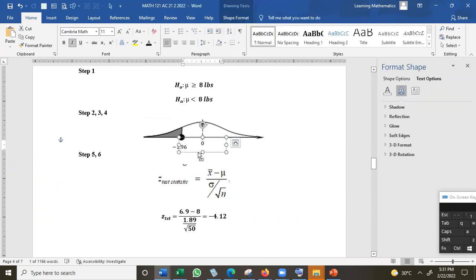Copy, Control C, Control V. Okay. And we can put a negative 4.12 inside of this text box. All right. And to plot on the curve in order for us to either reject or not to reject the null hypothesis. So that will be step number 6 happening one time.